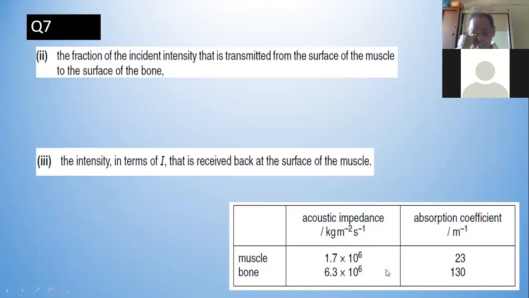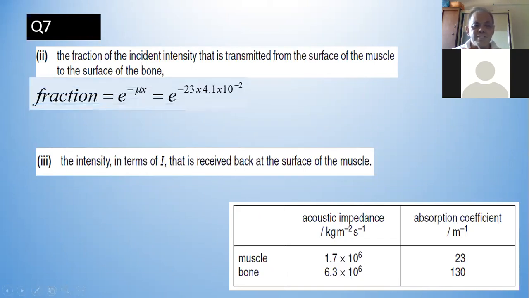Fraction of the incident intensity that is transmitted from the surface of the muscle to the surface of the bone. Okay, that one we are interested in the absorption. That's the formula you need to memorize, the fraction.